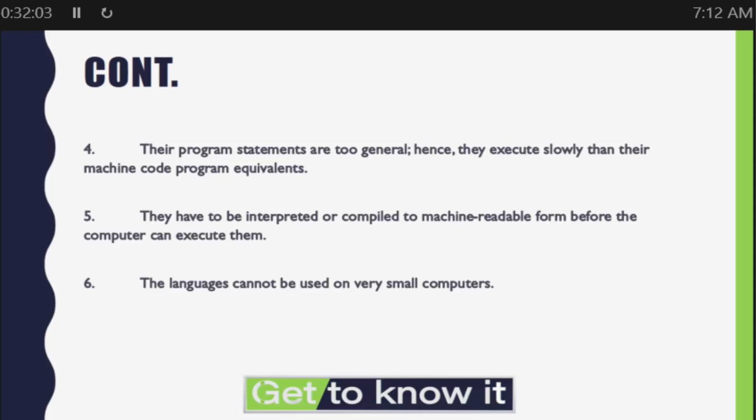The source program written in high-level language needs a compiler, which is loaded into the main memory of the computer and thus occupies much of memory space. This greatly reduces the memory availability of a source program. That's also another disadvantage of high-level languages, but also something good to note.